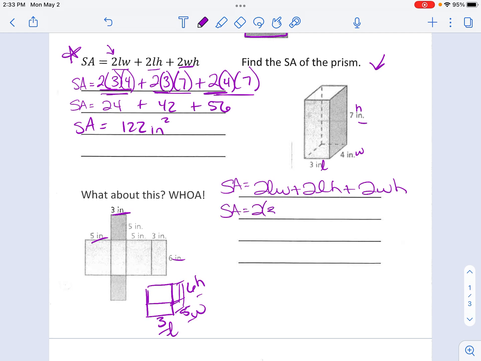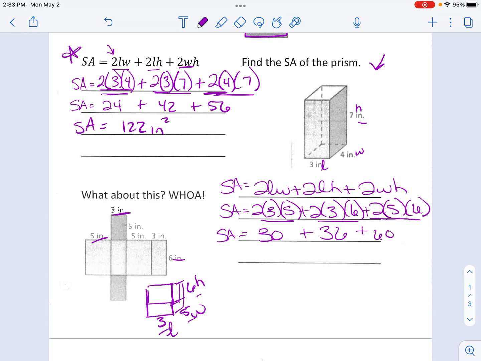We can substitute in 3 for the length, and the width is 5. Length is 3, height is 6, width is 5, height is 6. And remember, we're going to multiply all three sets before we add. 2 times 3 is 6, 6 times 5 is 30. 2 times 3 is 6, 6 times 6 is 36. 2 times 5 is 10, times 6 is 60.